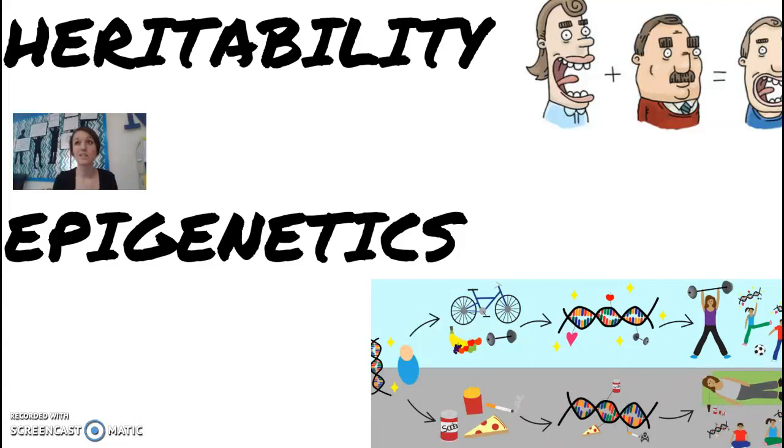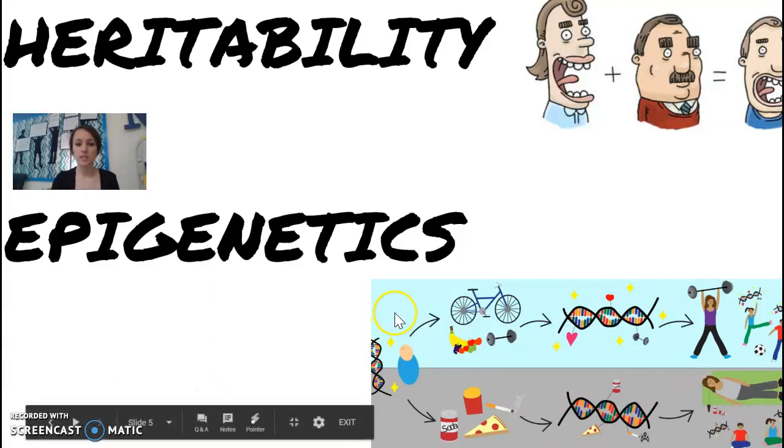And so the idea is that there must be something about the interaction with our environment and our genes. So maybe we can have that genetic code written in us, and it is there, but it has been turned on or turned off based on something in our environment. So you can see down here in this picture, we've got this little baby and we've got their DNA here, and the DNA is the same, but they went this route or they went this route.